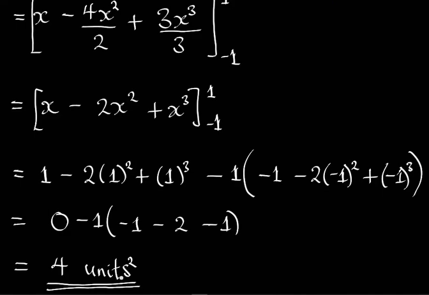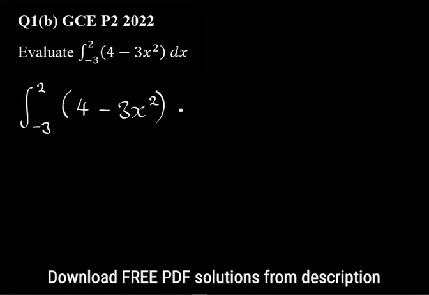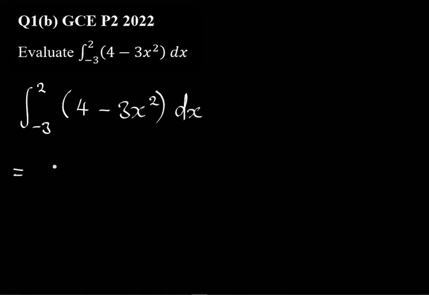All right, let's look at another question. We have an integral here which is simple to evaluate. Pause the video, try it out, and then compare the solutions. Evaluating what's inside, we have 4x, then 3x to the power 3 divided by 3.